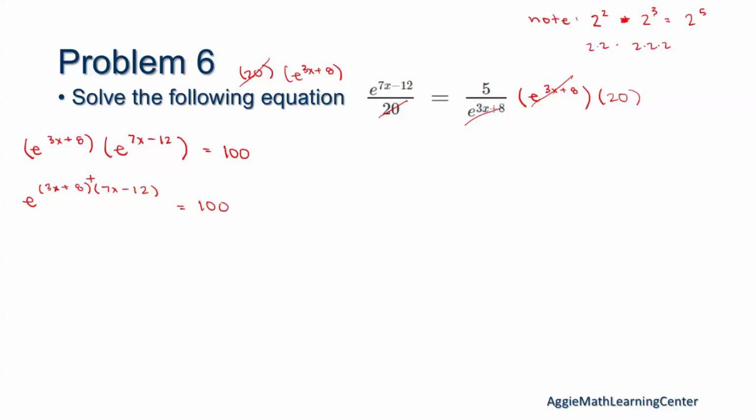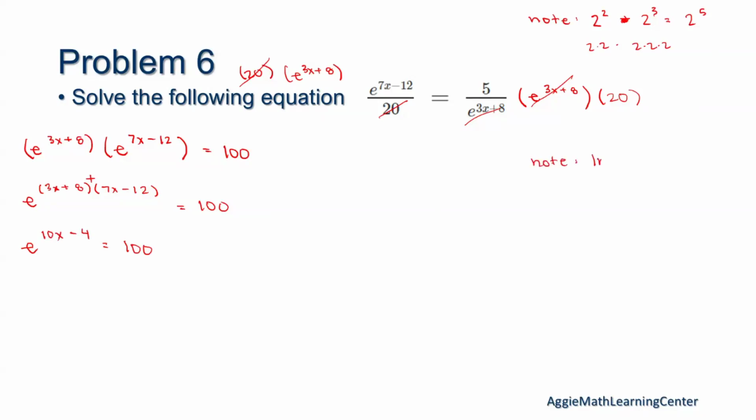Okay, all clear? So, I have this, and I'm going to choose to simplify it. 3x plus 7x is 10x, and 8 plus negative 12 is negative 4. All of that is equal to 100. The tool that we have for undoing e to a power is the natural log. We'll make another note.